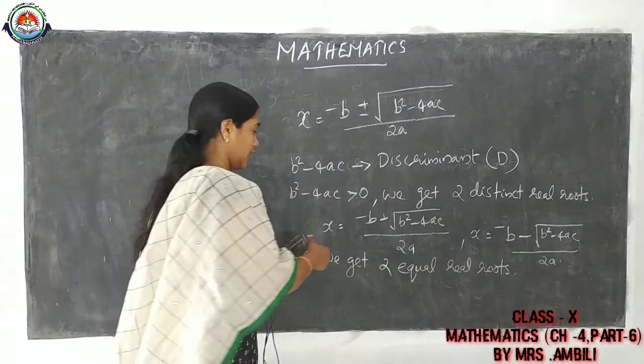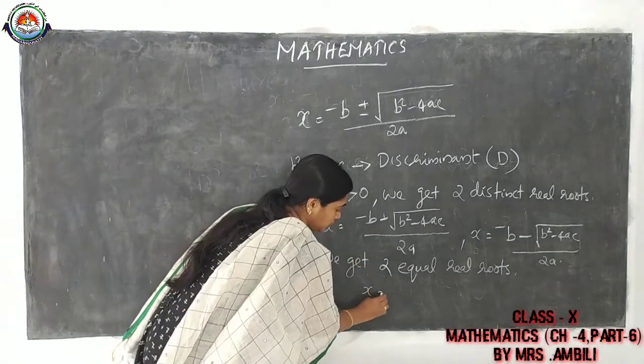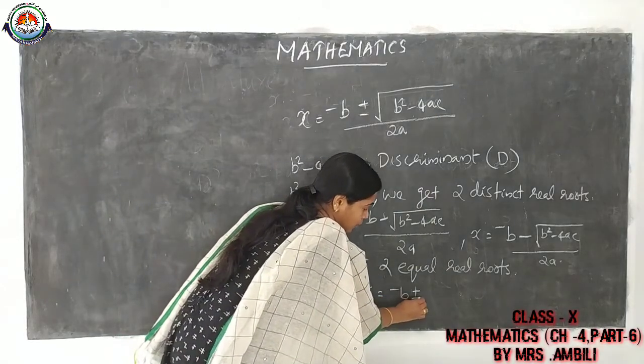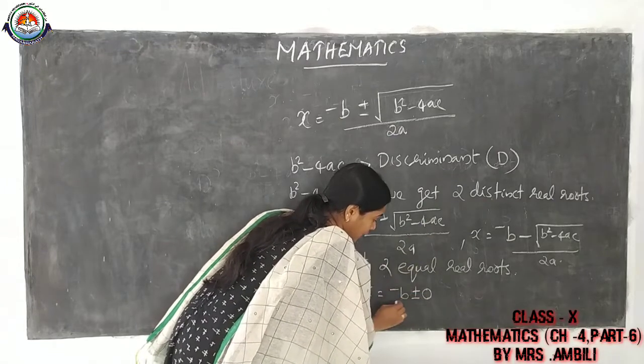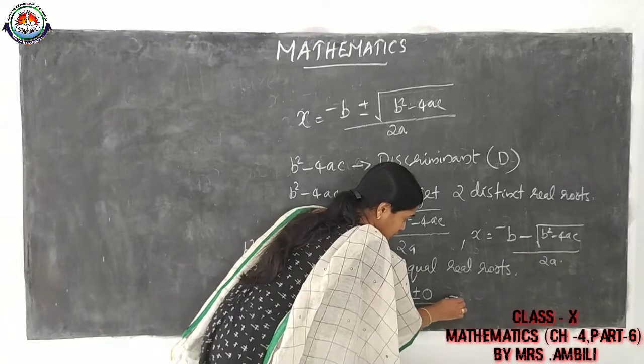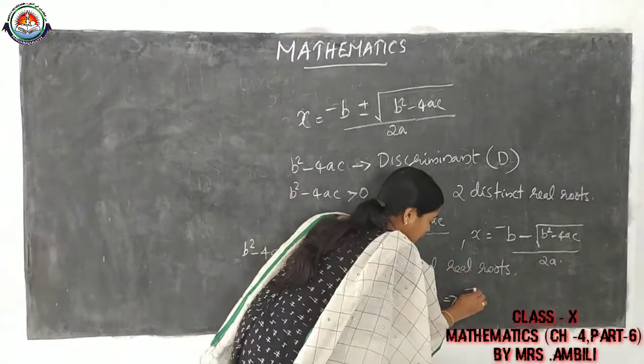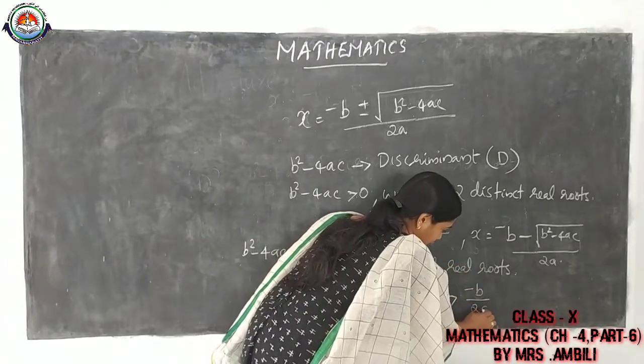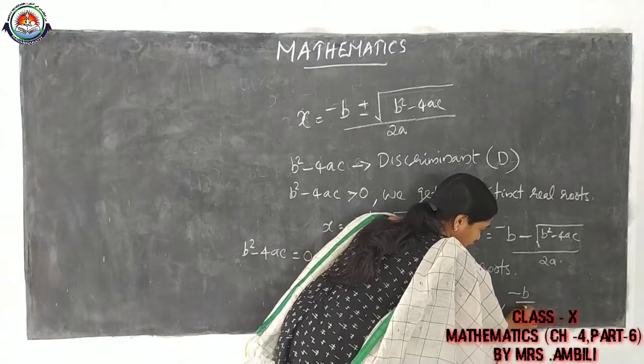So what are the equal real roots? x equal to minus b plus or minus 0 by 2a, which implies the two equal roots are minus b by 2a and minus b by 2a.